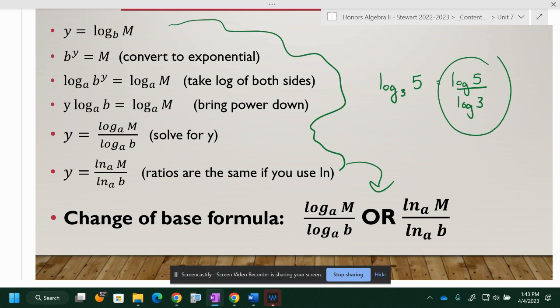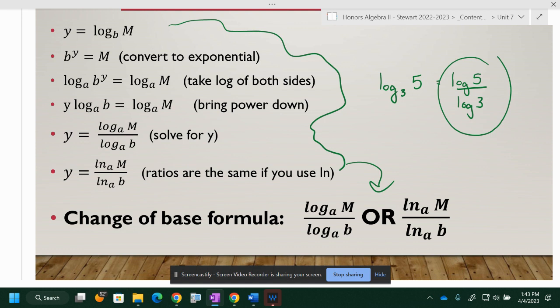And I think I've hinted to it before in this class as well. But all of this is just showing you the work that becomes this. So it happens with log and it happens with ln. But essentially, if your base is not 10, then you can use this to plug into your calculator. It's a shortcut way.